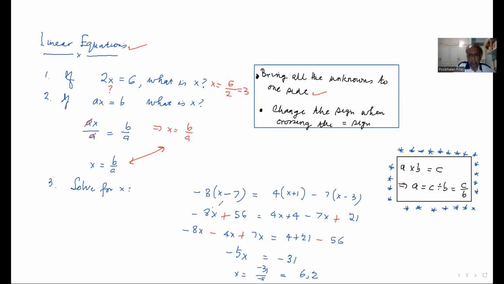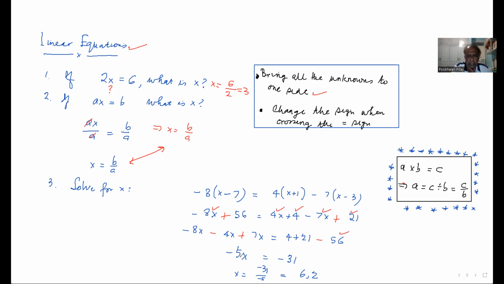So you've got all the x's on one side. Then you leave the numbers on the other side. The 4 remains like that, so you don't do anything to it. Plus 21 remains as this. But the plus 56 on the other side goes to this side, and the sign changes, it becomes minus 56.